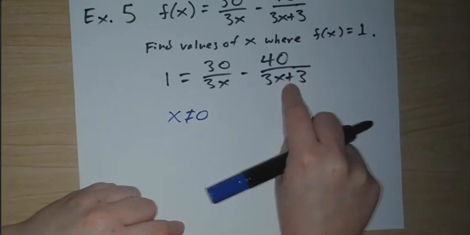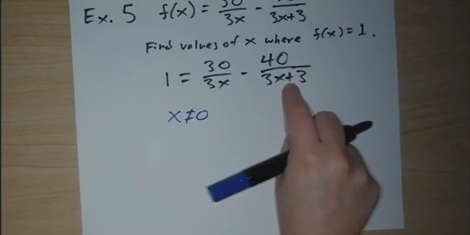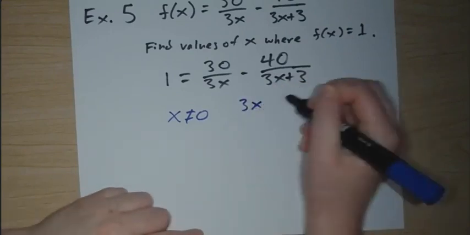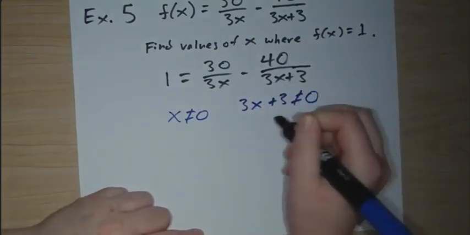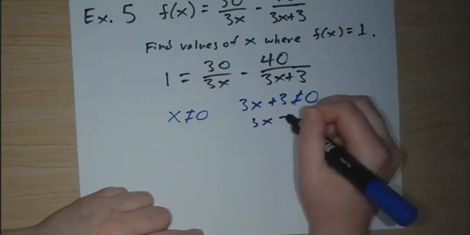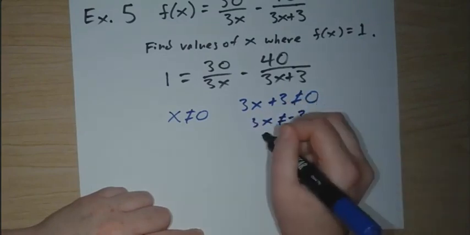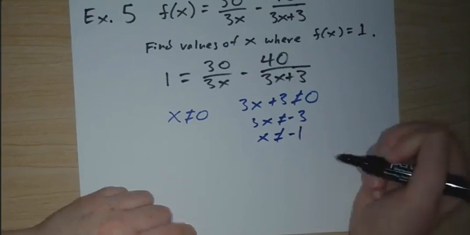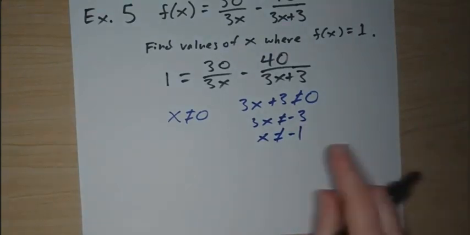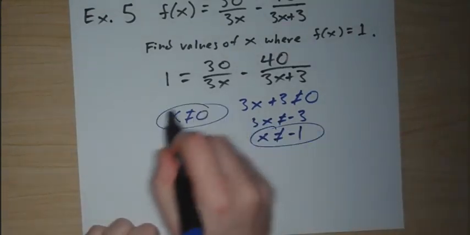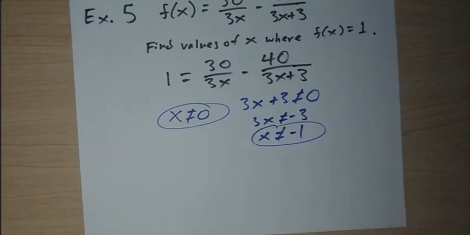And if 3x plus 3 cannot be 0, minus 3 on both sides, we have 3x cannot be negative 3, divided by 3, x cannot be negative 1. So we have two values: x cannot be 0 and x cannot be negative 1.